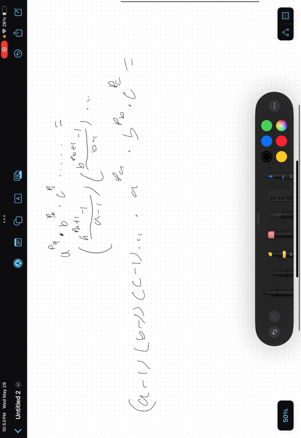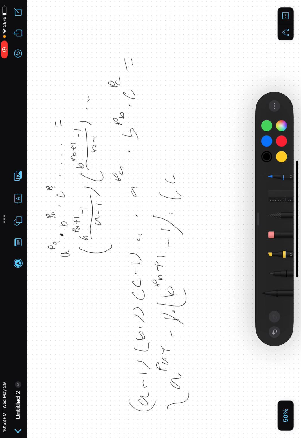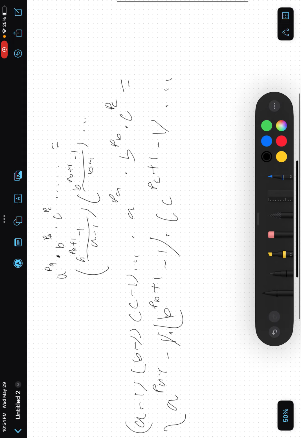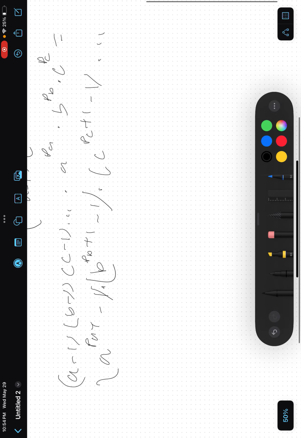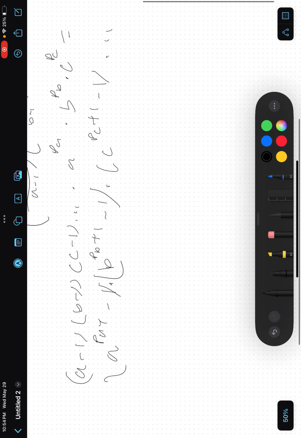And it's all going to be equal to (A^(PA+1) minus 1) times (B^(PB+1) minus 1) times (C^(PC+1) minus 1), blah blah blah. It goes on for every single factor you get. And this still doesn't really tell us anything, but it gets really interesting when you factor out the main number itself.